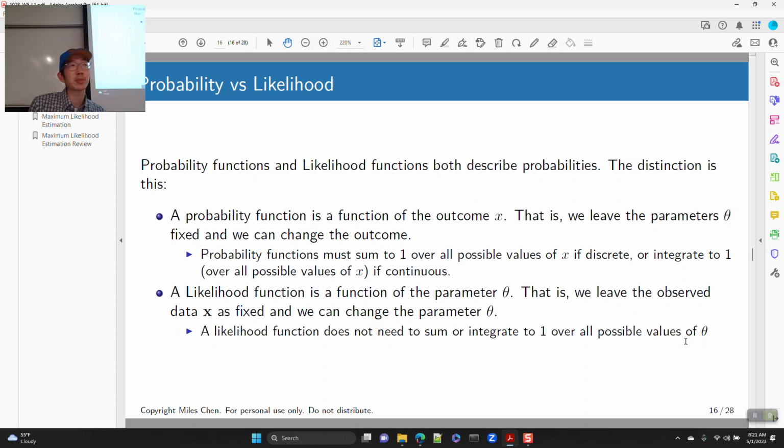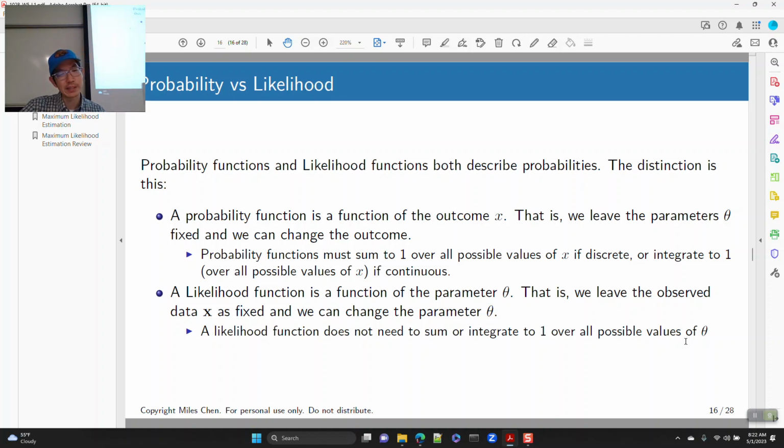We ask, what's the probability of getting this particular data? So a probability function is a function of the outcome x. We leave the parameters of the model fixed, in this case what proportion is red, that proportion theta, and we change the outcome. What's the probability of getting this outcome, red? What's the probability of getting this outcome, blue?